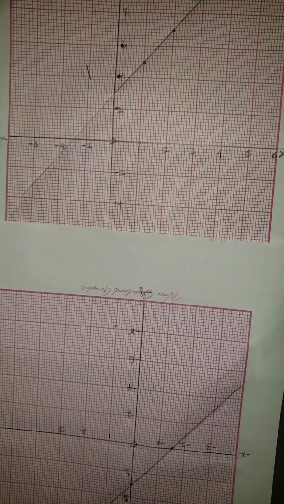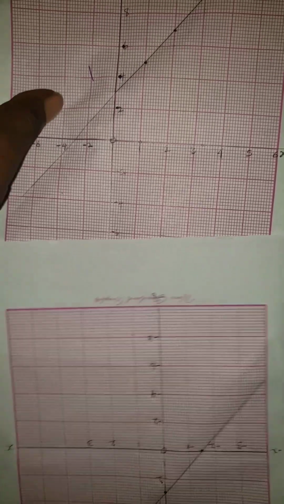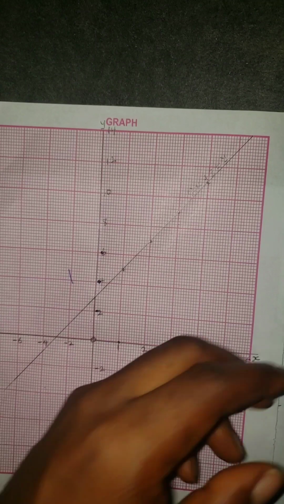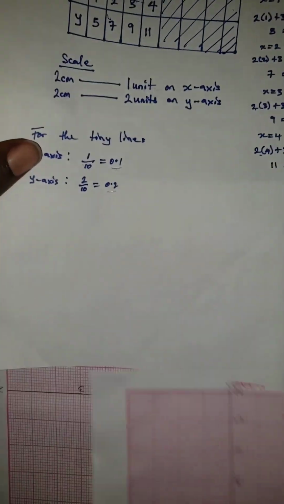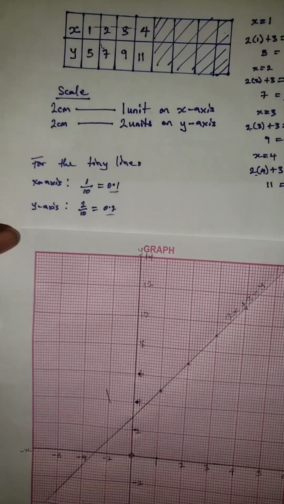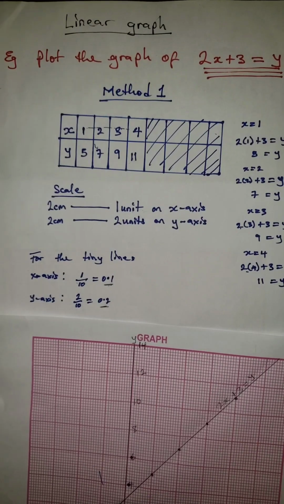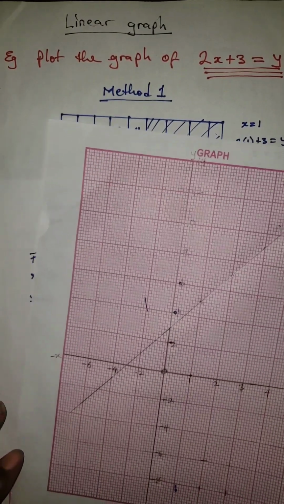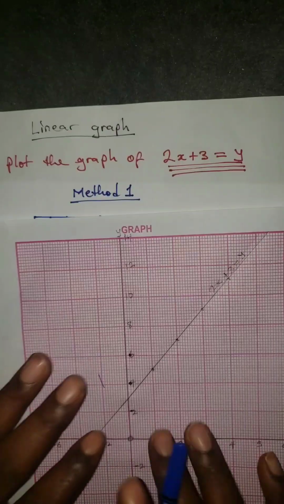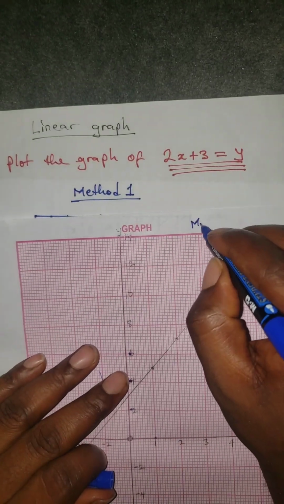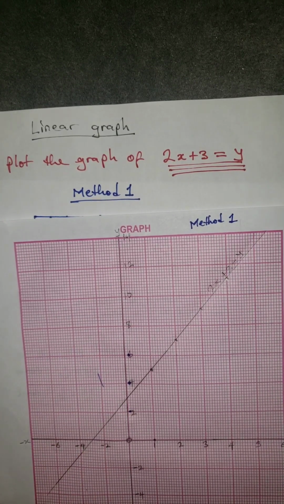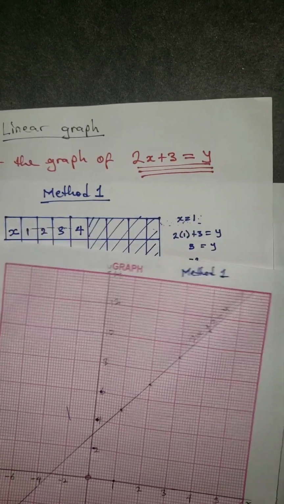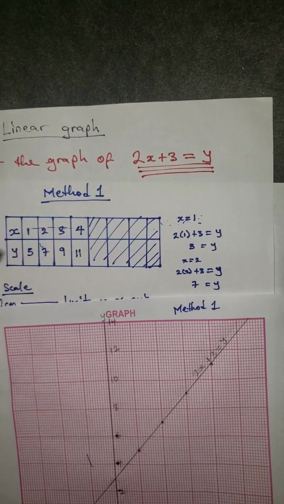Okay, so this is the one that we used so many points for. This is the one we use these points for, so you can see it. So this is for method one, in which you construct a table of values.